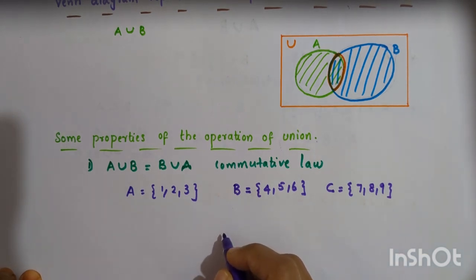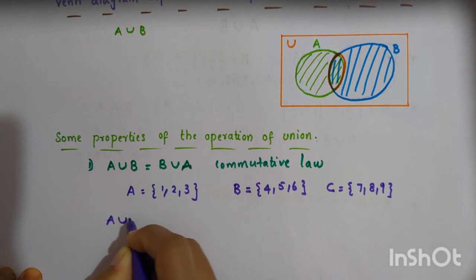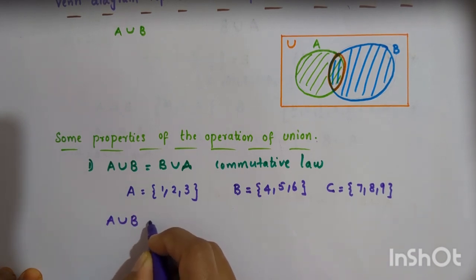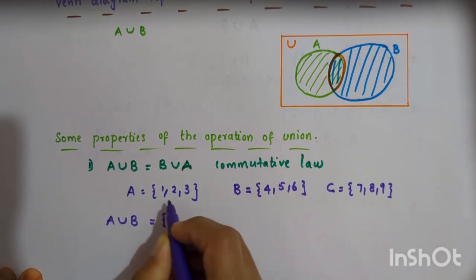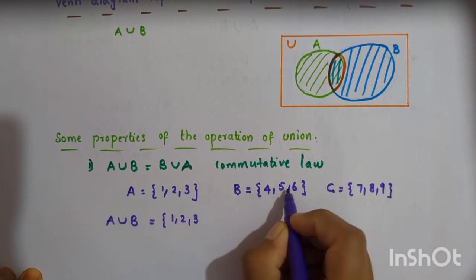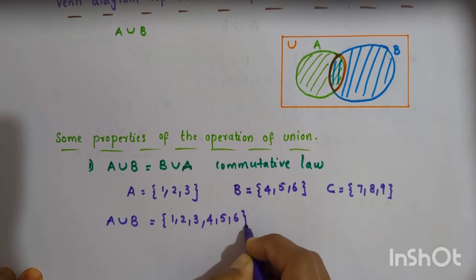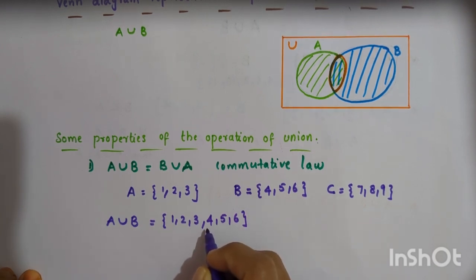Now here you see, if you consider A union B, that will be equal to what? We have to write all the elements in A, so 1, 2, 3. We have to write all the elements in B, so 4, 5, 6. Common elements are written only once. Here no common elements. Alright, so this is A union B.